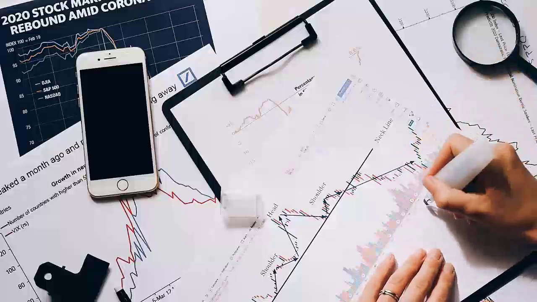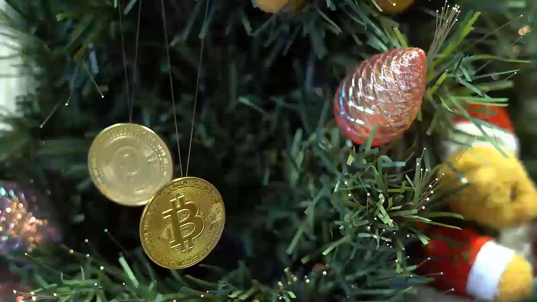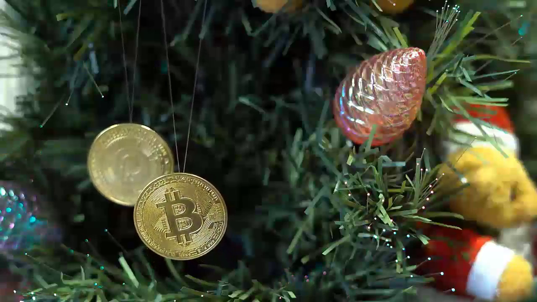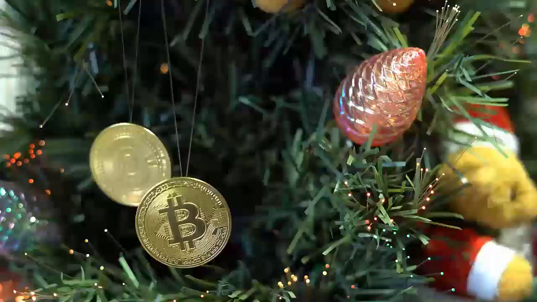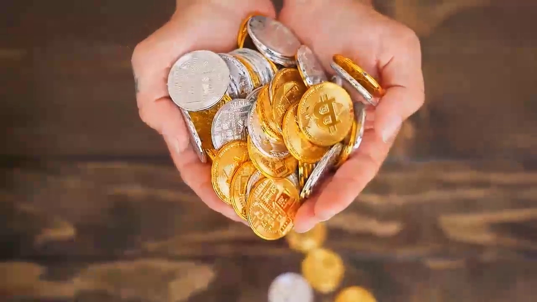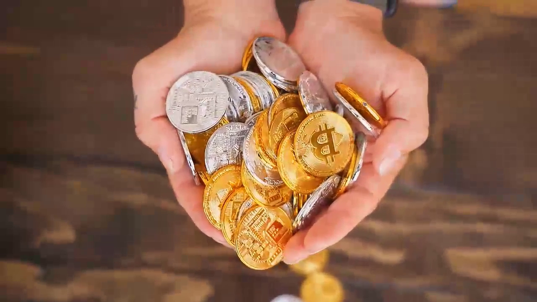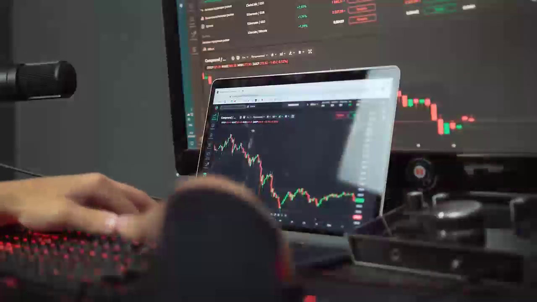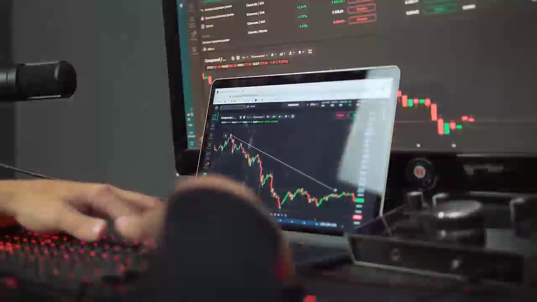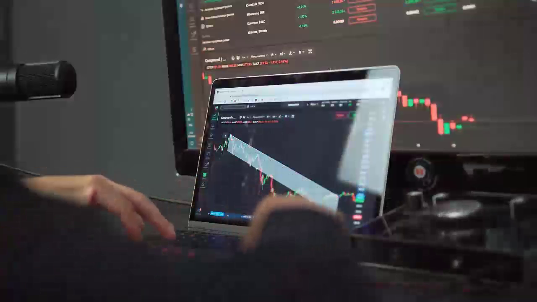UNISWAP, unit, price prediction September 2022. As for September 2022, UNISWAP cost is estimated to reach a most reduced conceivable degree of $5.33. The unit cost could reach a greatest conceivable degree of $5.97 with a typical estimate cost of $5.52.